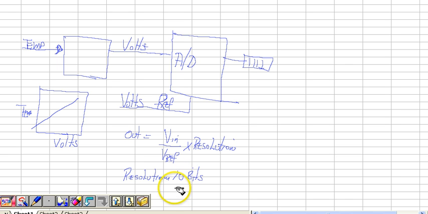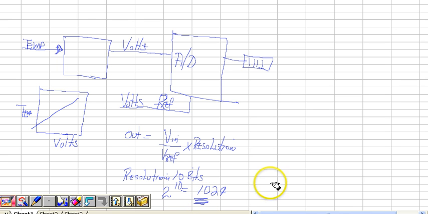Now we know that most processors are binary, and the resolution is 10 bits, so it can resolve something to 2 to the 10, which is 1024. This is a number you want to remember. All the powers of 2 up to either 12 or 16 you want to remember. 2 to the 10 is a common number, 1024. So let's go through some examples.